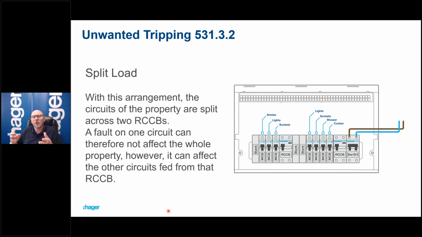We kind of felt, and the industry felt, that this as a minimum would meet the requirements of division of installation. If you had an unwanted operation of one RCD, you wouldn't lose total power. You may just lose approximately half of the power in the installation.